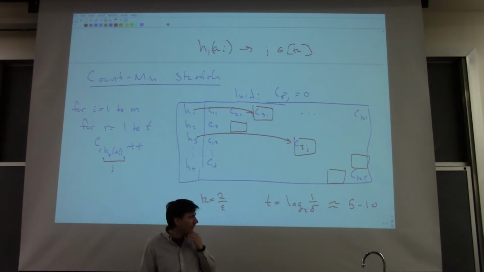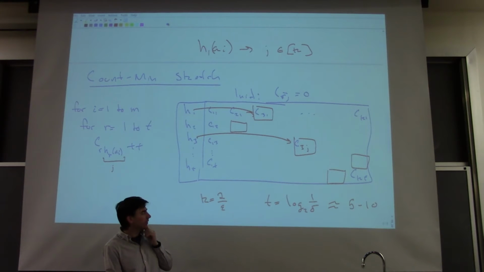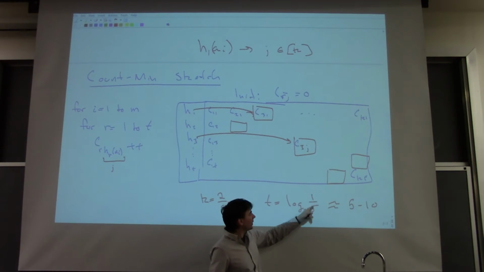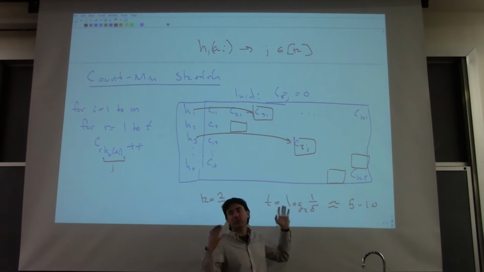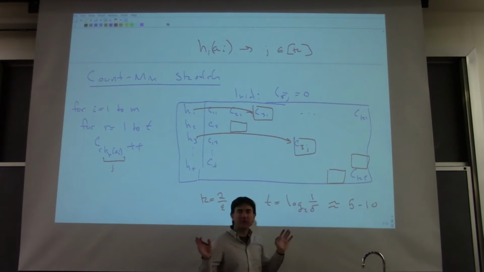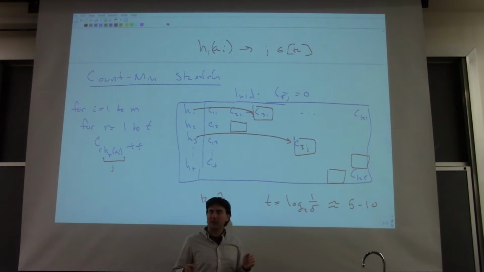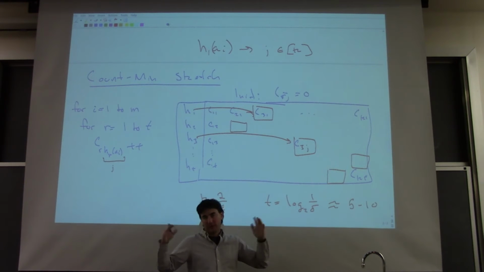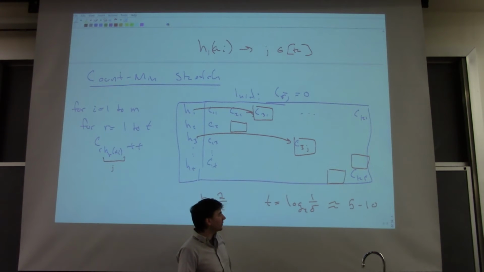So if delta is say 1 out of 1,000, so I fail 1 out of 1,000 times, then it's log base 2 of 1,000. 1024, log base 2 of 1024 is going to be 10. So if I fail roughly 1 out of 1,000 times, that means the whole data structure is correct. This is what it's going to turn out to be. 1 out of 1,000 times.